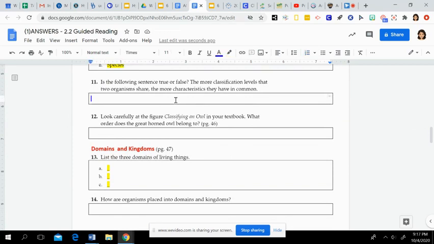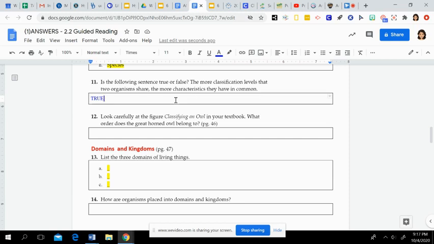Next question is a true or false statement. The more classification levels that 2 organisms share, the more characteristics they have in common. This is true because as you go down through the classification levels, you are identifying more similarities and more traits and characteristics that those organisms share until you get down to that specific genus group or the specific species you want to talk about.